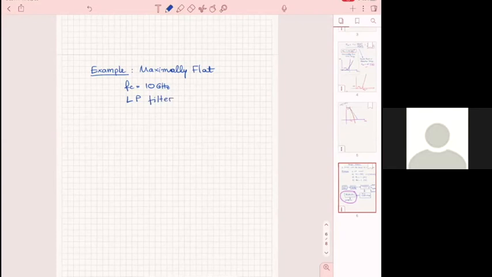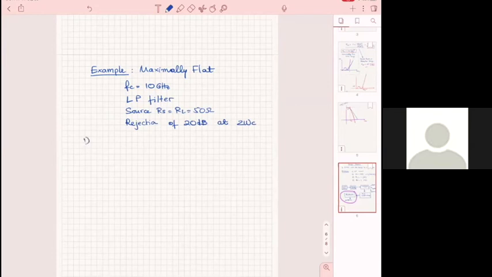I want to have a source impedance of 50 ohms and a load impedance of 50 ohms. And I would like to have a rejection of 20 dBs at twice the cutoff frequency. So at 2 omega C. All right, and then I want to first design it.